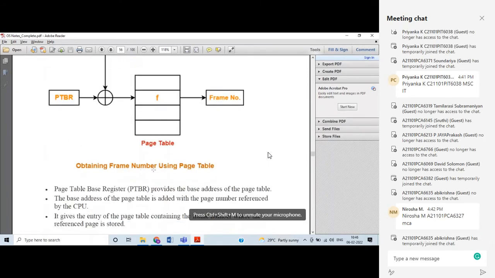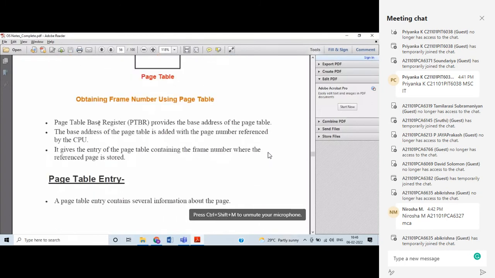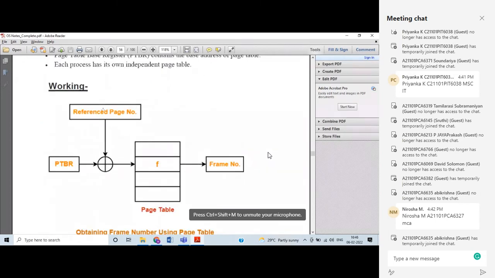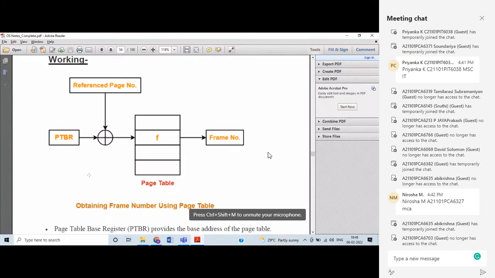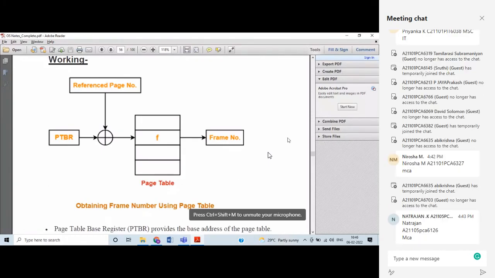This is obtaining the frame number with the help of the page table. The page table base register provides the base address, and the base address of the page table is added with the page number referenced by the CPU. So it gives the entry of the page table containing the frame number where the referenced page is stored. Do you understand this diagram, the working of the page table?